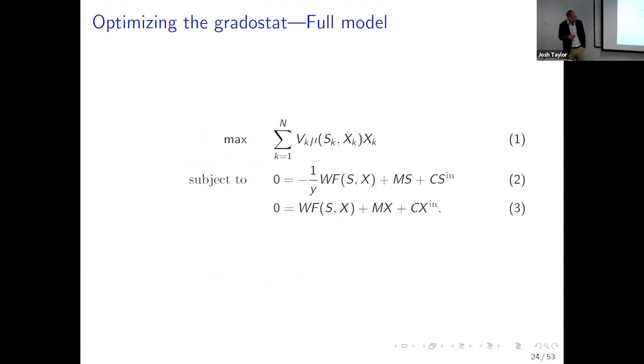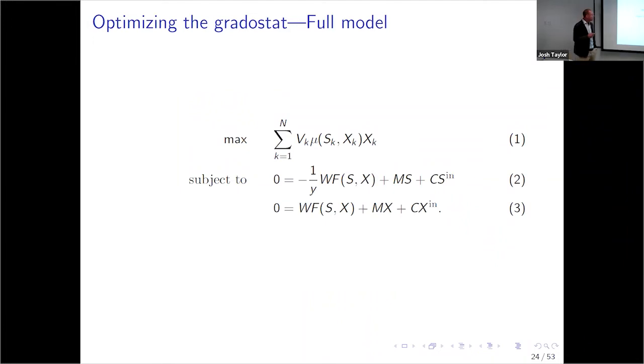So with all of that, we can go ahead and state our full model of the gradostat. We're maximizing the biogas production subject to the steady state physical behavior of the gradostat.